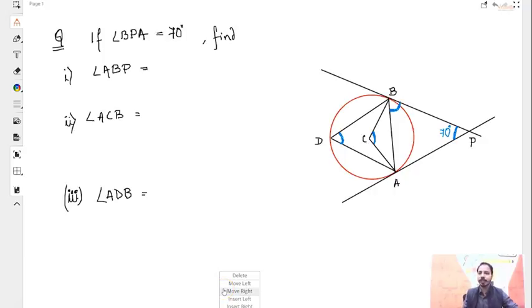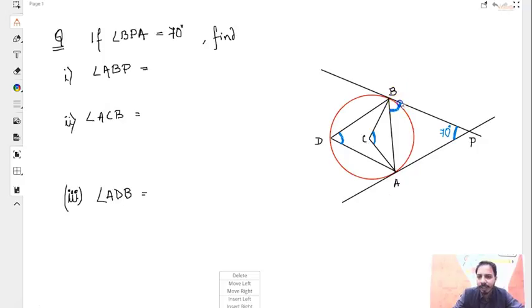Now let me try to solve a different problem related to the same concepts of what we have learned till now. It is given that this is an external point P and I have two tangents PB and PA, and these two tangents intersect each other and the angle between them is 70.